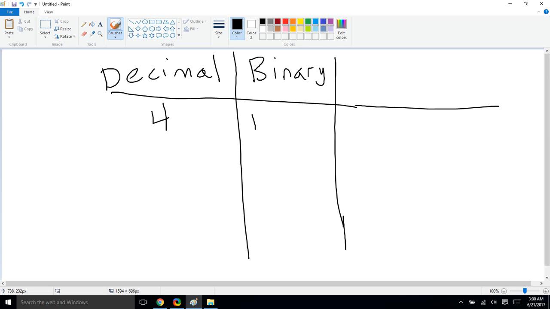For the small numbers, you can guess and check. 100 is a 1 in the 4's place, a 0 in the 2's place, a 0 in the 1's place. What about 5? That would be 1 more, 101. How about 7? That would be 2 more, so if we add 2, that's the 2's place there, we'd get 111.